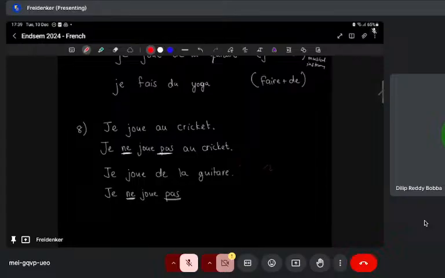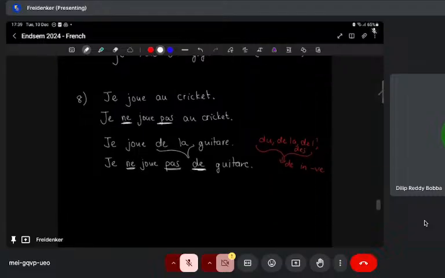If you're using du, de la, de l', des, all of this will become de in the negative. So this will become je ne joue pas de guitare, because this got converted. What are the other combinations? Okay, jouer à is done, jouer de is done.